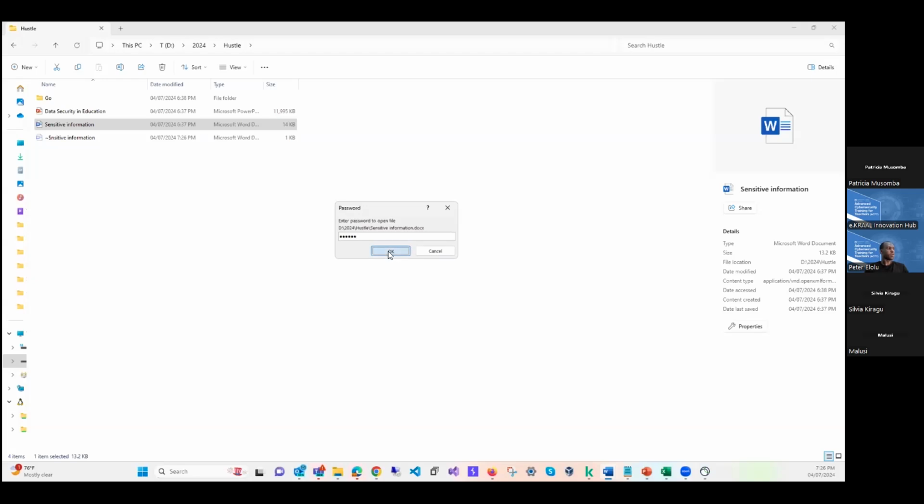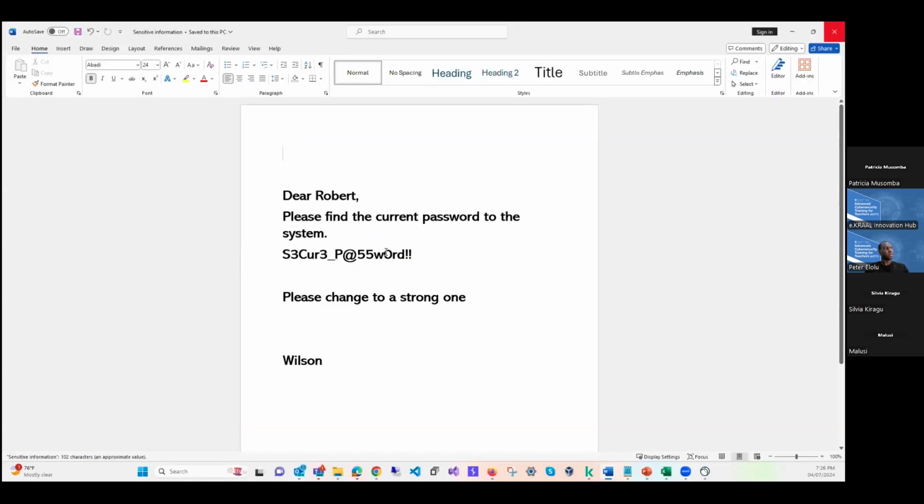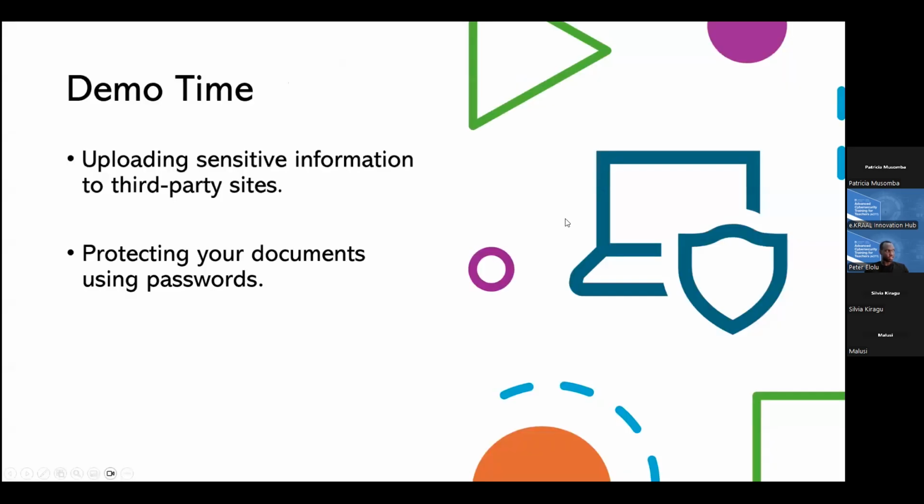With the password, Robert is able to access this document securely, and a threat actor who intercepts this document will not be able to access it without that specific password. So with that, we go back to understanding the importance of data security.